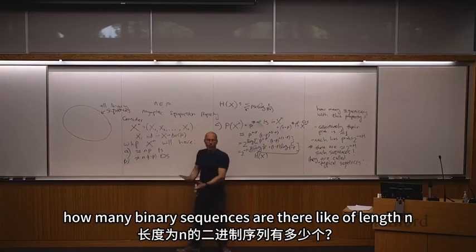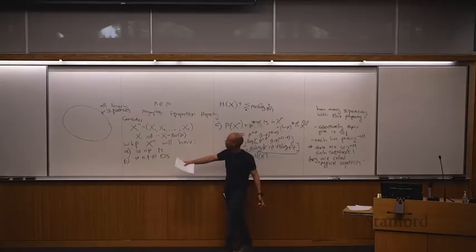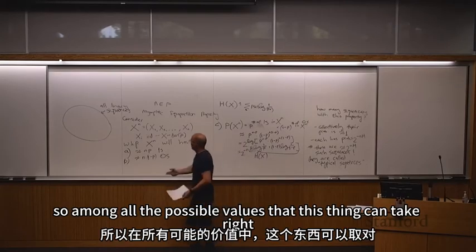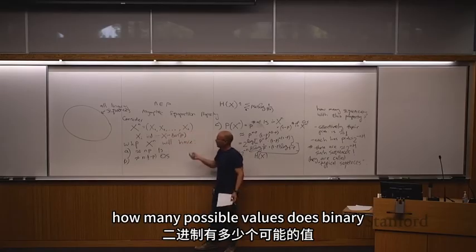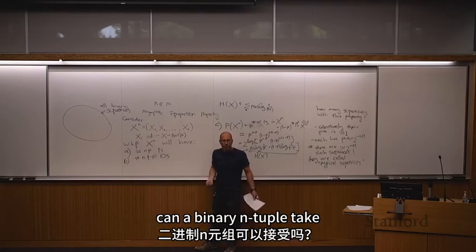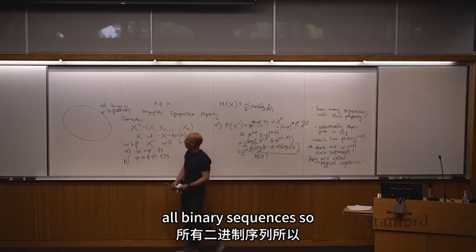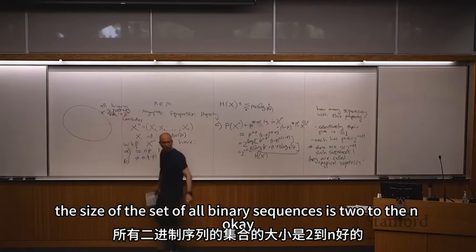How many binary sequences are there of length n? Among all the possible values, how many possible values does a binary n-tuple take? 2 to the n, right? The size of the set of all binary sequences is 2 to the n, okay?